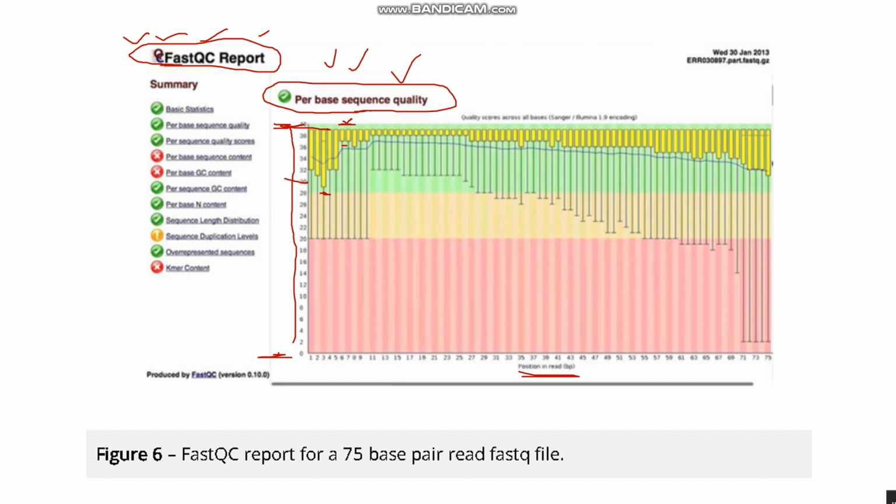The base call of these is very low. The base call of this is somewhat good, but the Phred score of this is very good. This can also be checked by using the FastQC report. It's also a tool of NGS.